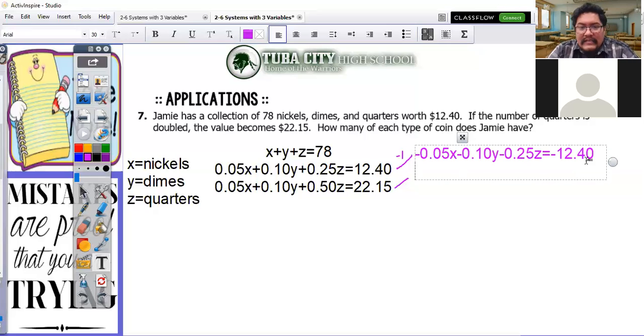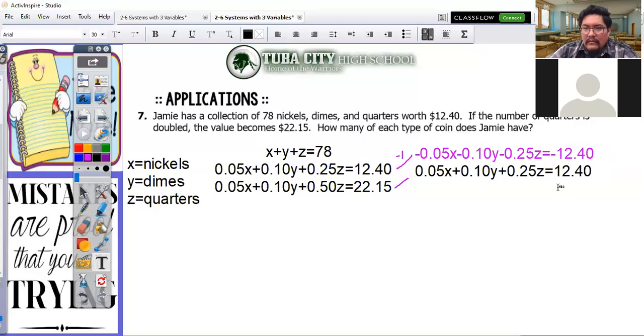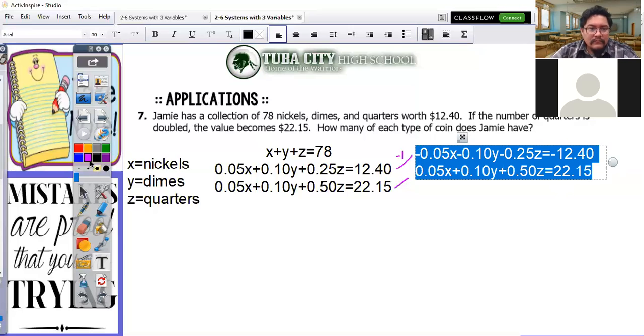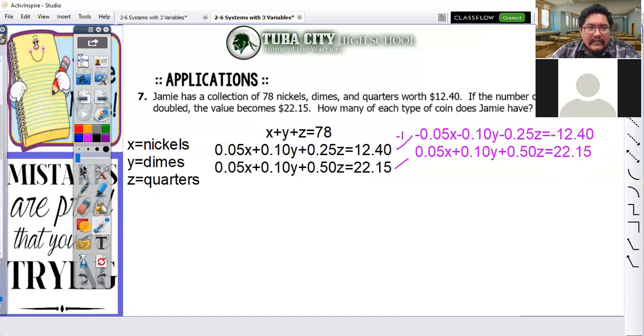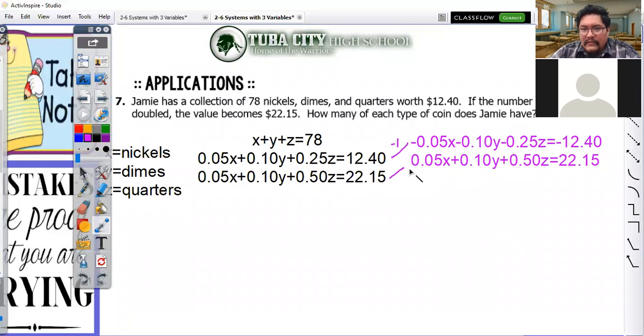Okay, now I'm going to do the same thing with the bottom one, and everything's going to stay the same. It's going to be 50, and I'm going to change this to 2215. There we go. So now I think it's ready to eliminate one of the variables.